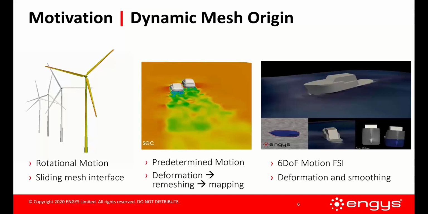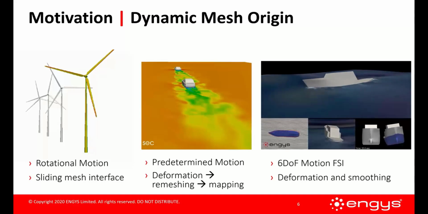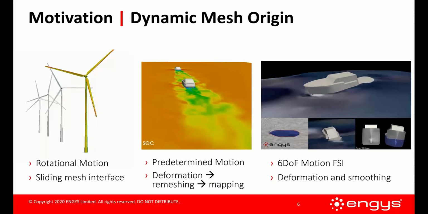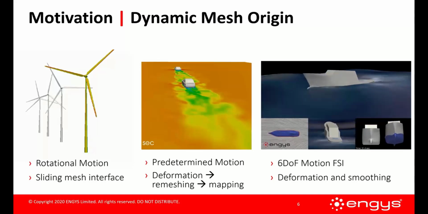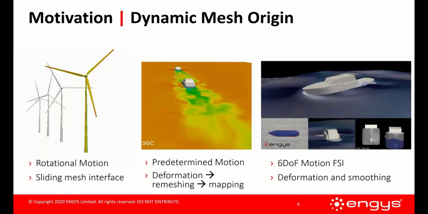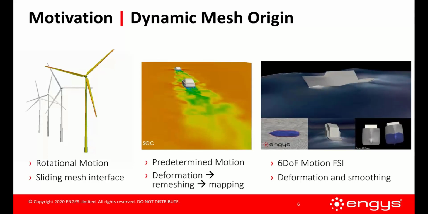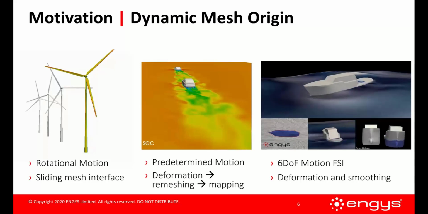If the mesh quality became poor, then there's remeshing and then mapping of the solution to this new mesh. And finally on the right, we have 6 degrees of freedom motion, a fluid structure interaction where the fluid is pushing up against this body, and the body has moment of inertia, and it also has different components that we're able to lump together and try to approximate how a fluid interacts with this floating object.